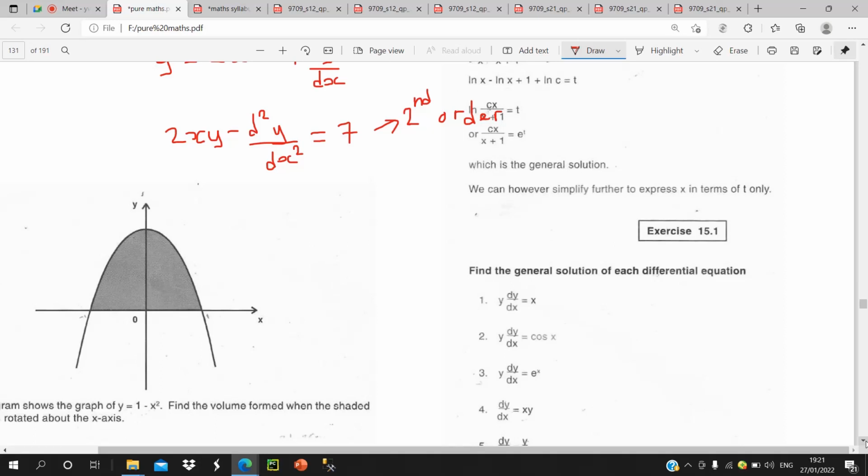Are we together? Then on the next stage, use the initial conditions if given, to find the constant of integration.